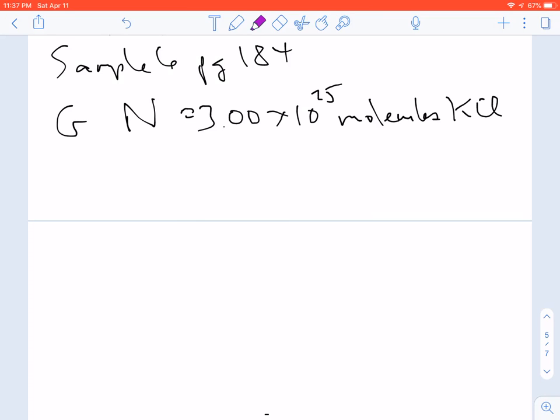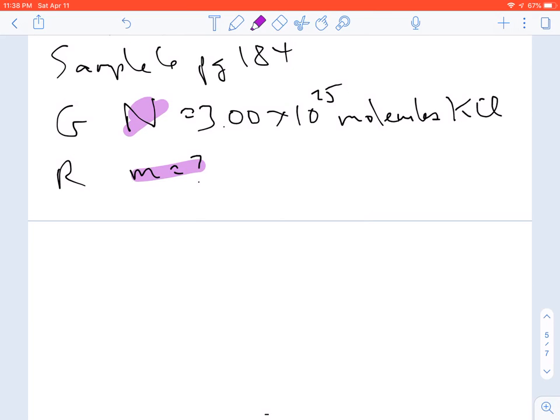Note, molecules is big N. Okay, what I'm required to find, it says, what mass of potassium chloride contains this many molecules. So I'm now looking for an unknown, which is mass.